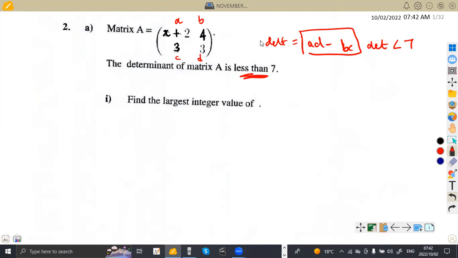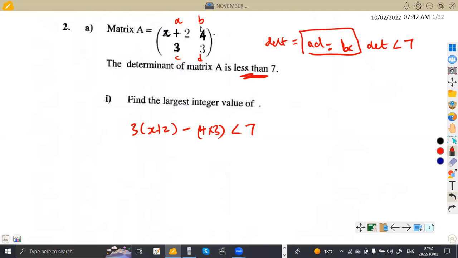So you're going to find your determinant the same way. You multiply these two, 3 and x plus 2. So it's going to be 3 times x plus 2, minus BC, so it's minus 4 times 3, which is less than 7.